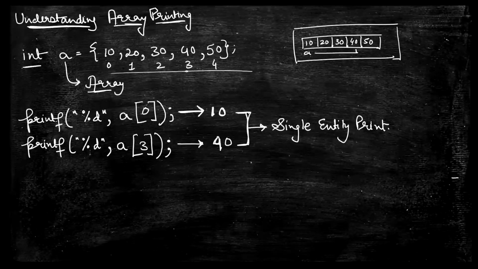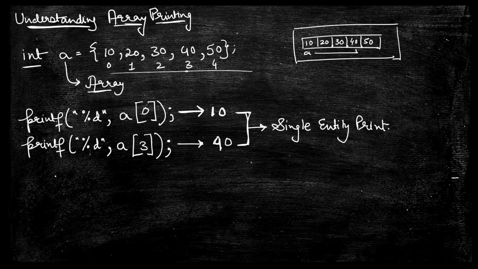So how will the loop work? It will start from 0 because the indexing starts from 0, right? And we will use this loop to get the values. We'll write int i equal to 0, i less than how much? 0, 1, 2, 3, 4. i less than or equal to 4, then i plus plus.